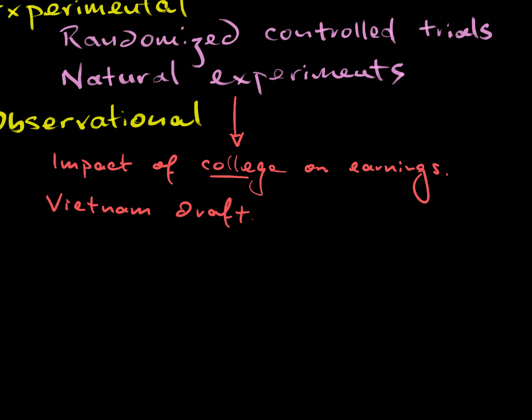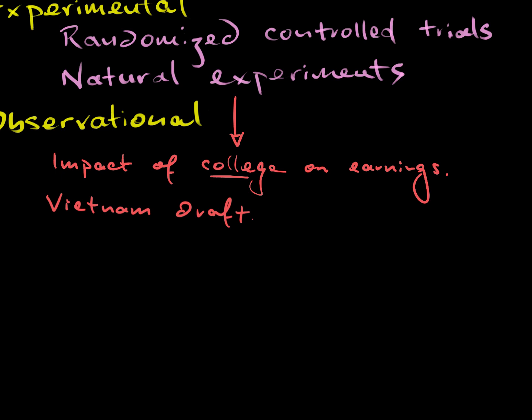So here was something that randomly impacted different men differently. And what researchers found was that the earlier someone was in the draft ordering, the more likely they were to go to college. So this really behaves like randomization.